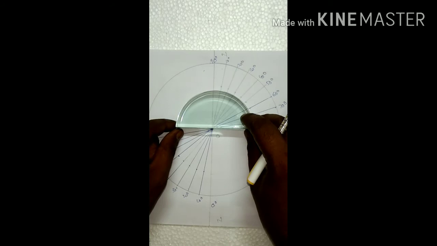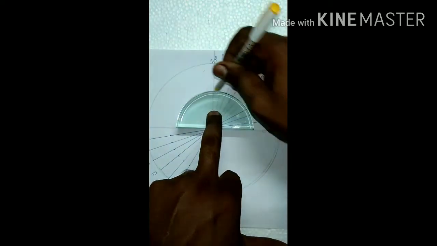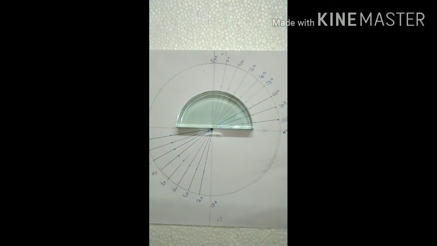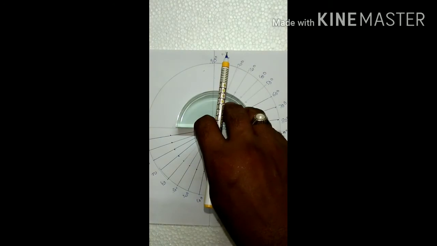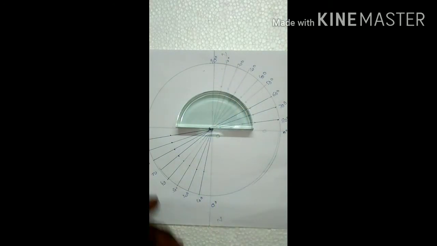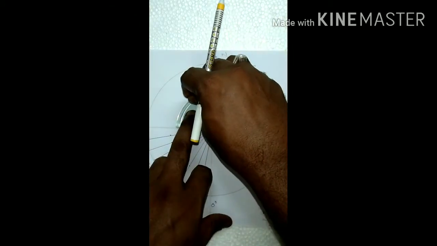Sometimes while doing the activity, the glass slab may get displaced from its place. So without displacing the glass slab, I am drawing the boundary surface. After drawing the boundary surface, place a pin at point O. Without moving this, we can fix one more pin like this.